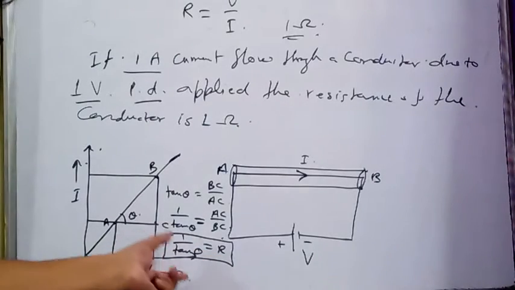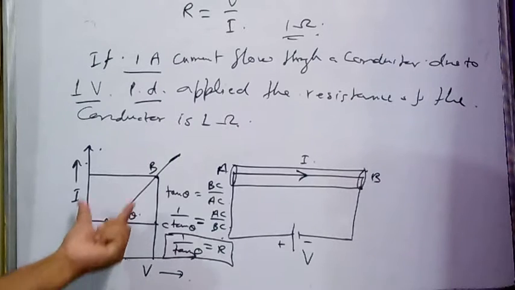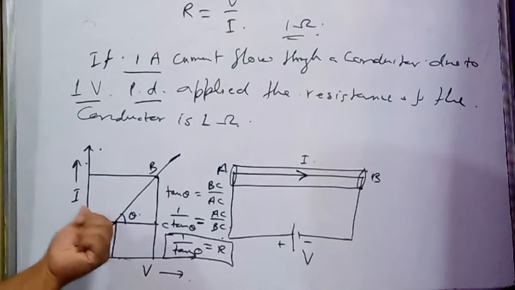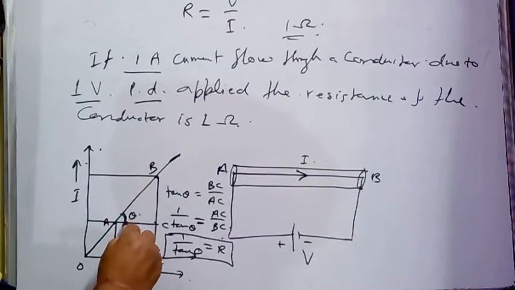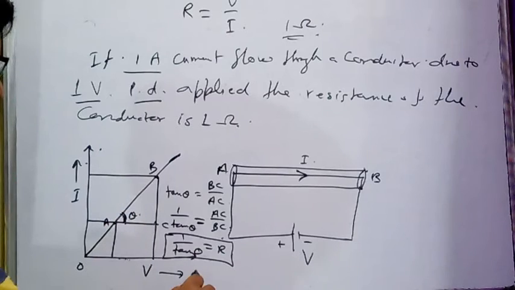It means the reciprocal of the slope of the VI graph, if V is taken on the x-axis and I on the y-axis, is equal to the resistance of the conductor.